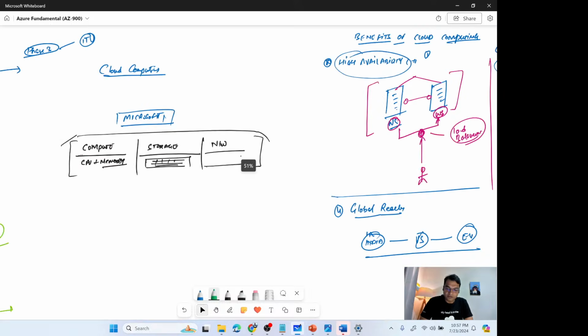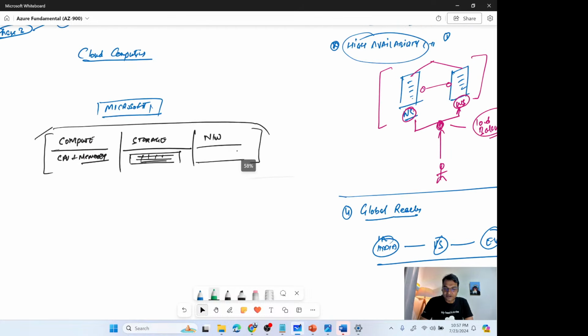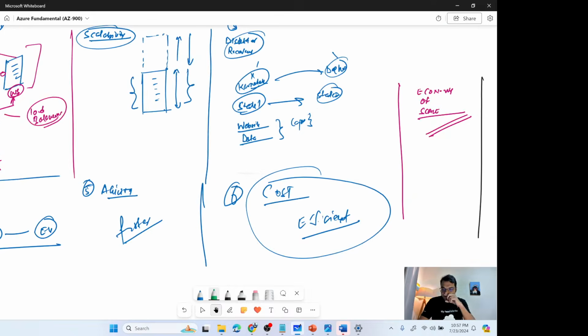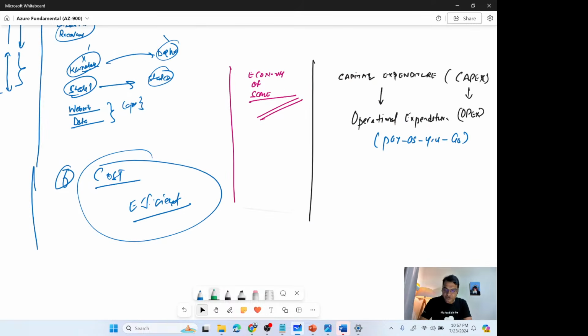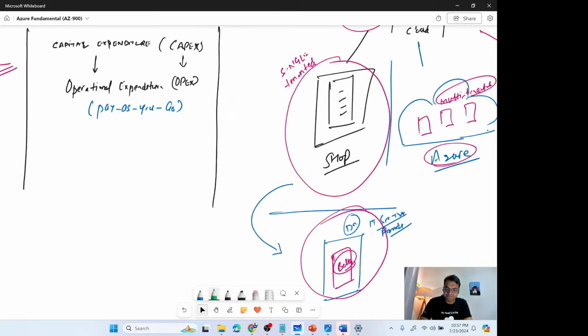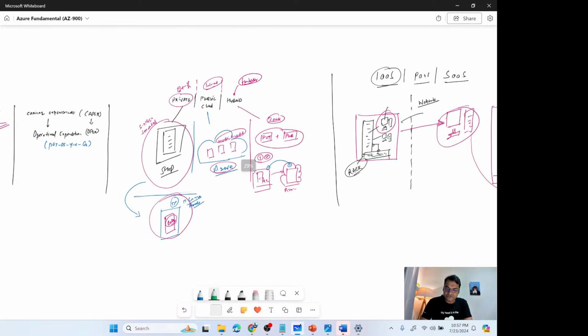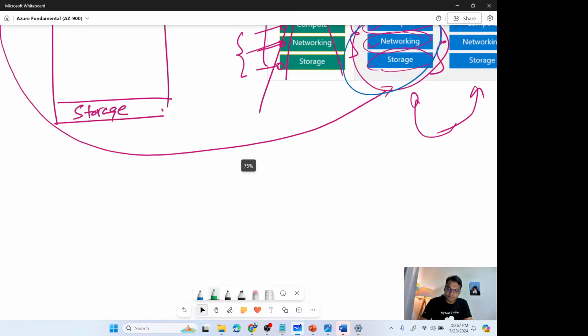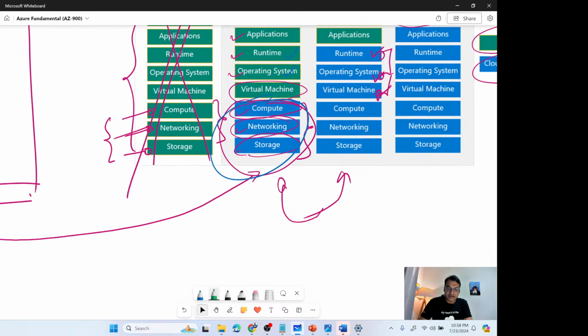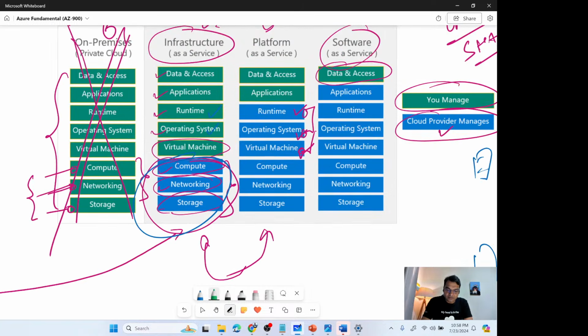Now, if I wanted to run this website, let's say Bella's website, built using .NET, and if I choose IaaS, I will have to install that runtime myself. I will have to install that .NET framework. On top of that only, my application can be deployed.